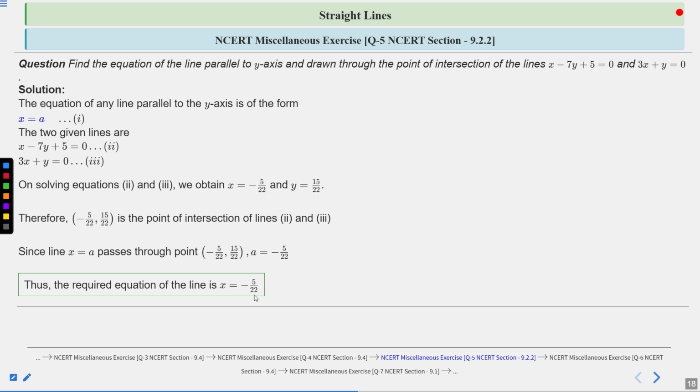Okay, so this is our required equation of the line parallel to the y-axis and drawn through the point of intersection of the lines x minus 7y plus 5 equal to 0 and 3x plus y equal to 0. Okay, so students, I hope it is clear to all of you. So now let us move on to the next question.